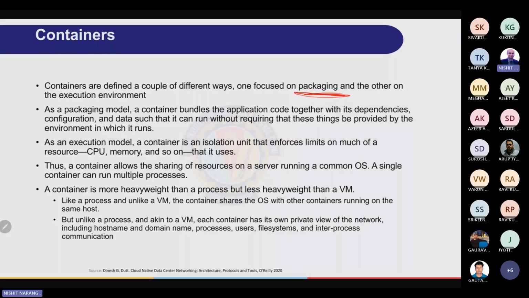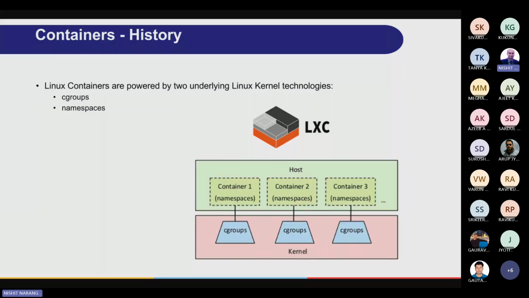A container is somewhere in between. It allows you an execution environment for a set of Linux processes that comprise that application. But it's lighter because it doesn't have its own operating system. It uses the underlying host operating system. It's heavier than a Linux process, but lighter than a virtual machine.